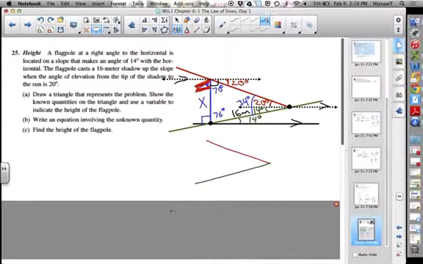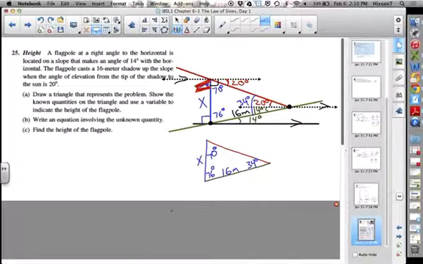And we have this. And let's fill in what we know. This was our height of the flagpole. This is the shadow that's 16 meters long. This is 34 degrees. This is 70 degrees. And this right here is 76 degrees.